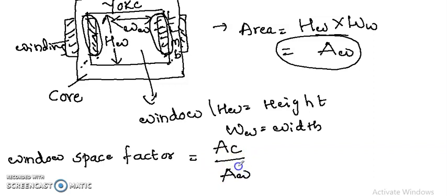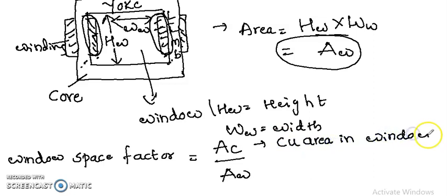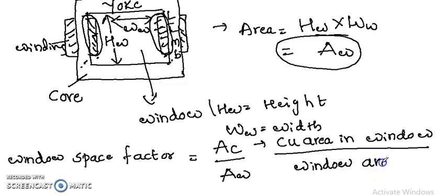What is the meaning of AC here? It is the copper area in the window divided by window area. That is called the window space factor, KW.